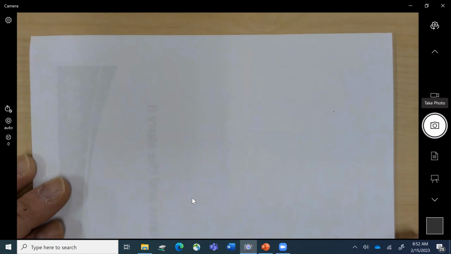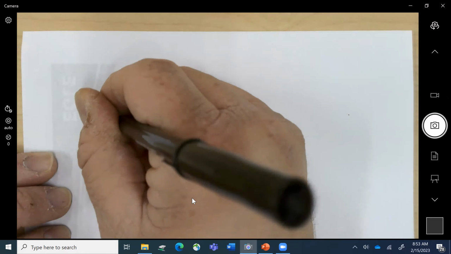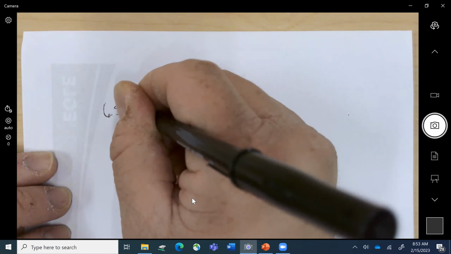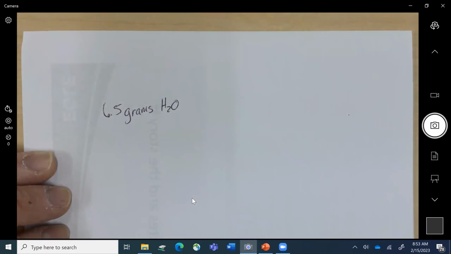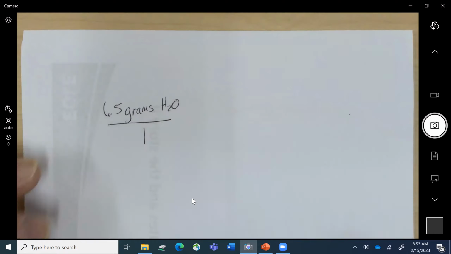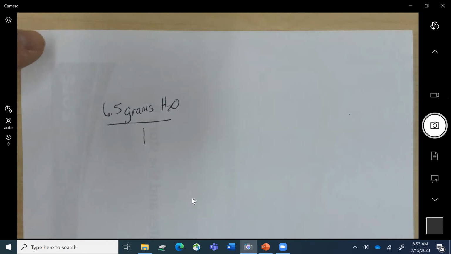So it's saying I have, I'm just making this bigger for everyone so they can see better. All right, I'm starting with 6.5 grams of H2O, and that is over 1. In chemistry, the front part here never has 2 units. It's usually just the 1.